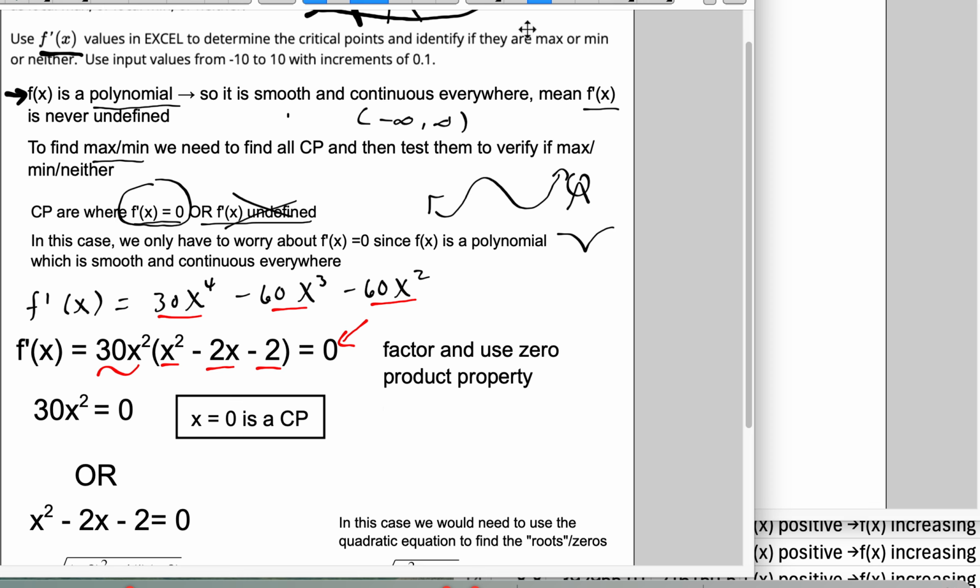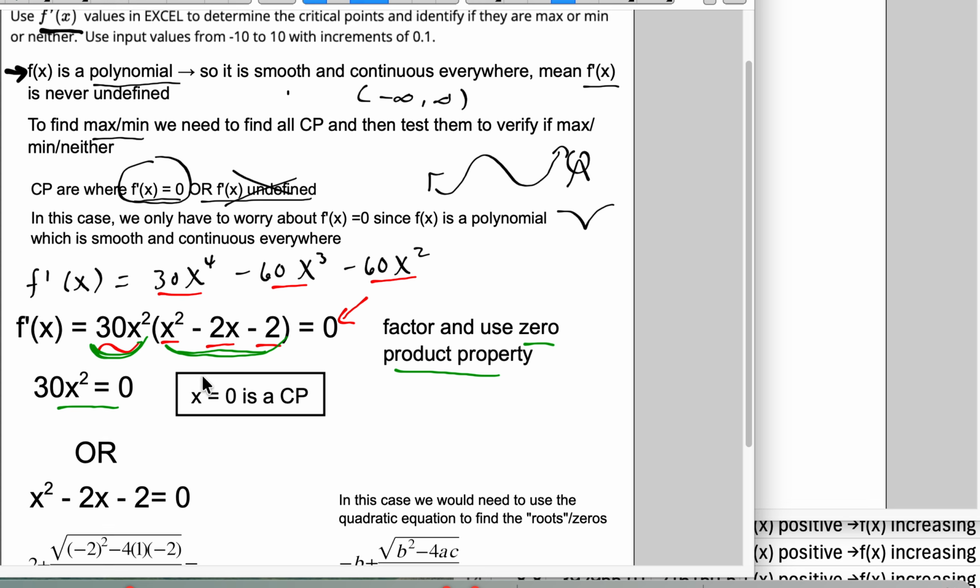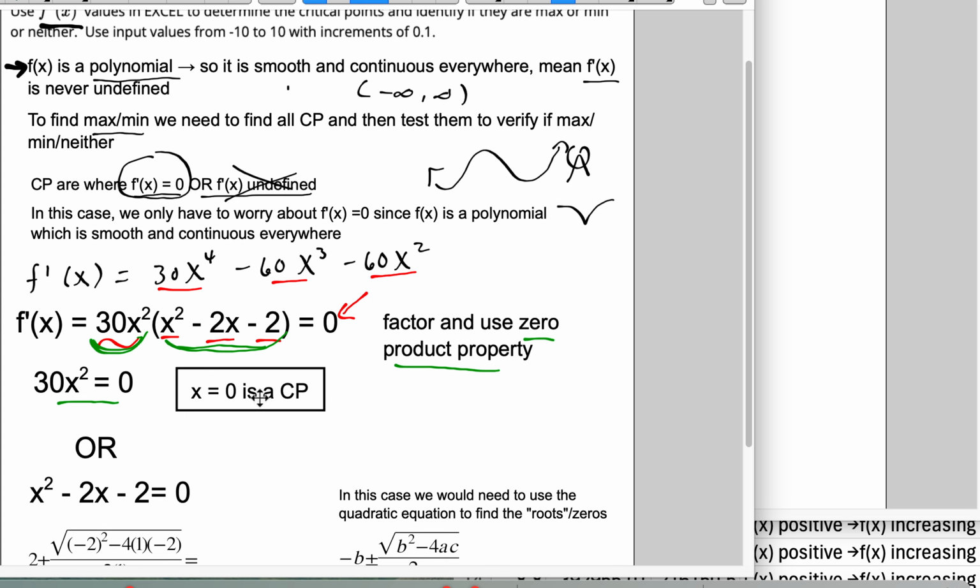Because I have two expressions multiplied, 30x squared times this whole expression, I can use the zero product property. If I set the whole thing equal to 0, either 30x squared equals 0, or this quadratic equals 0, because if one of them equals 0, the product equals 0.